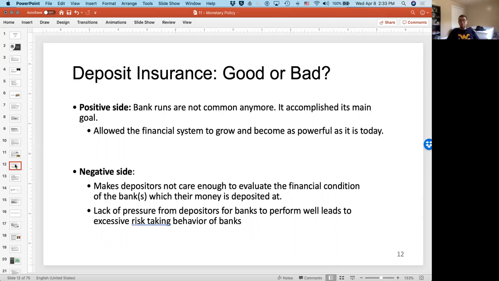I'll just deposit my money in any bank because it's guaranteed that if that bank goes under, I'm still gonna have my money back. So people sometimes do not oversee or try to make smart investments in really sketchy banks because they know they're gonna get their money back, right?